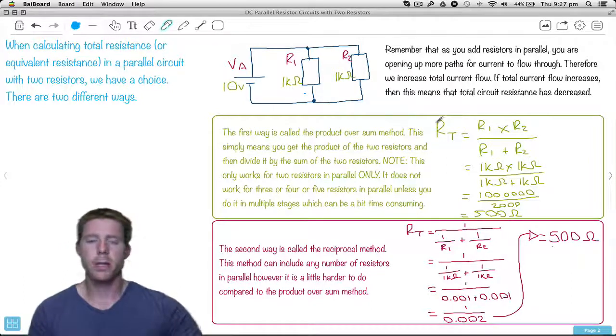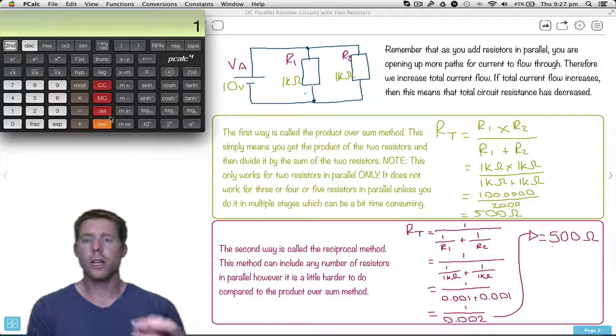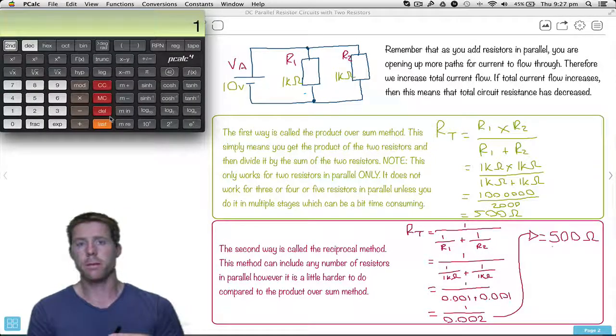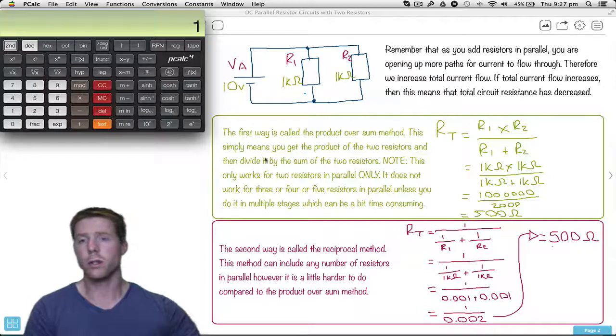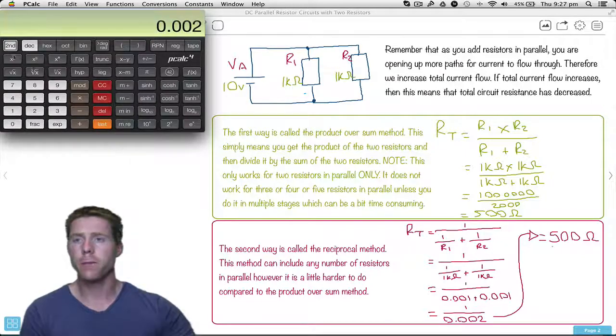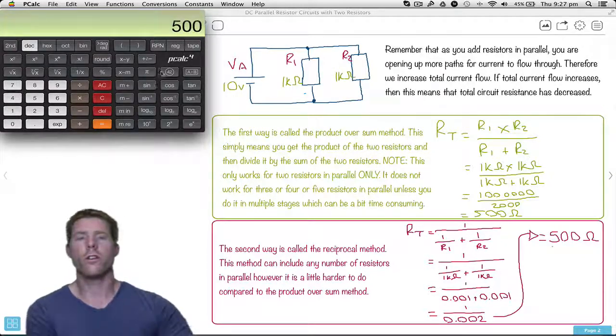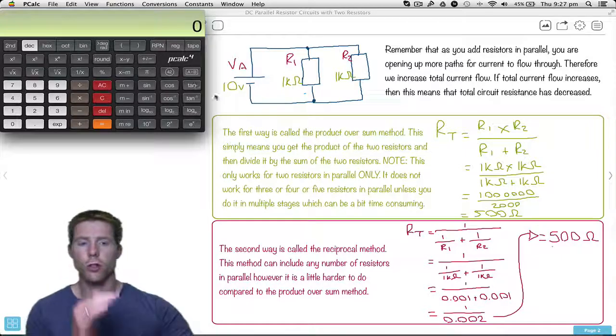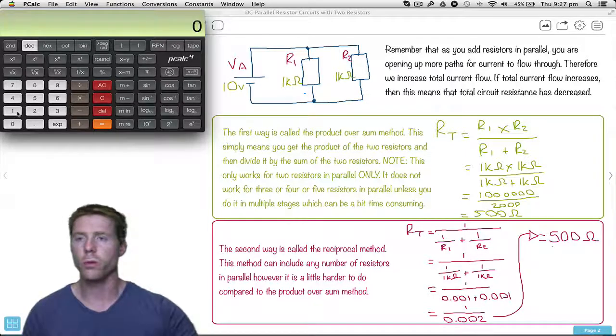Different calculators, it means the same thing. It just means give me my last answer. My last answer was 0.002. So I'm going 1 divided by my last answer, which was 0.002. There it is. What does that now equal? 500.